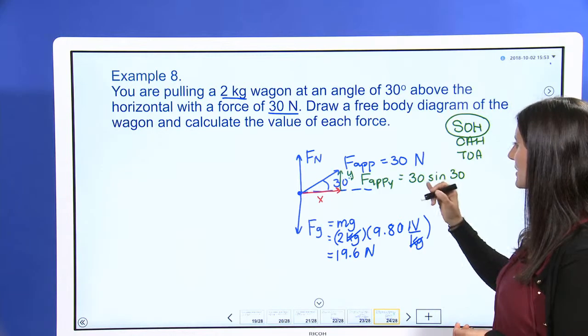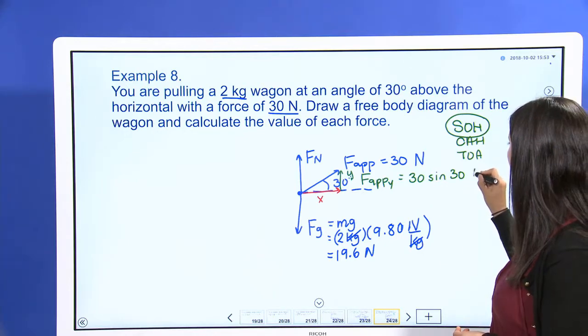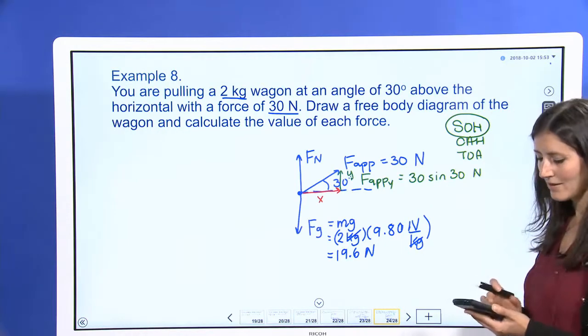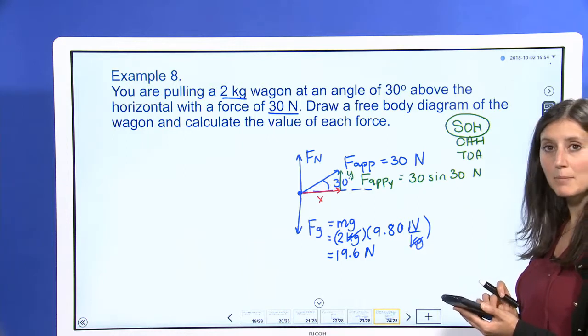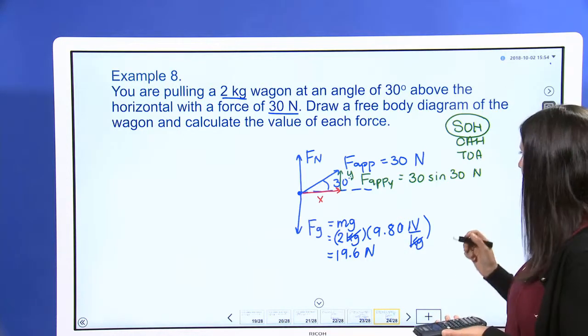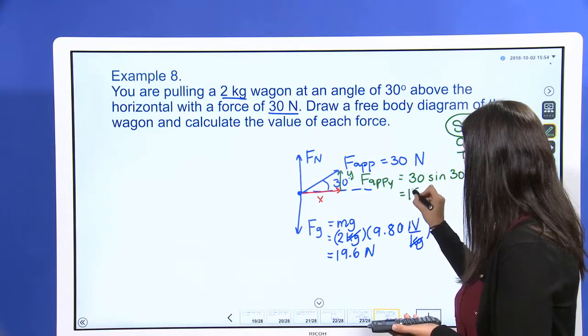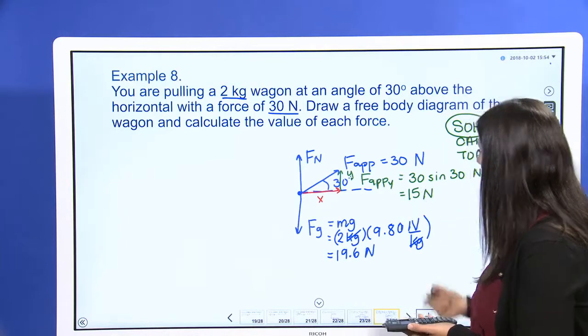Okay, so that's what this F applied y is equal to, 30 sin 30 in newtons. Okay, so on my calculator I'm going to type 30 sin 30 and I get 15. So my F applied in the y direction is 15 newtons.